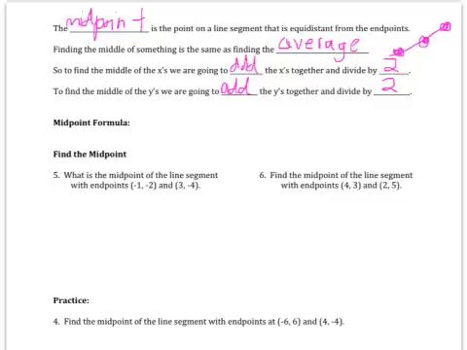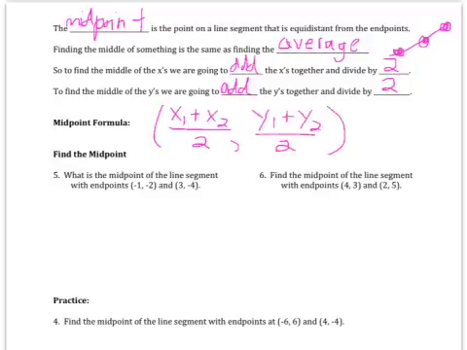So the midpoint formula is (x1 plus x2 divided by 2, y1 plus y2 divided by 2). And it's in parentheses, so we know that it's a coordinate. That's our final answer. If we're looking at the endpoints (-1, -2) and (3, -4), first we're going to take our x's, -1 plus 3, add those together and divide by 2.